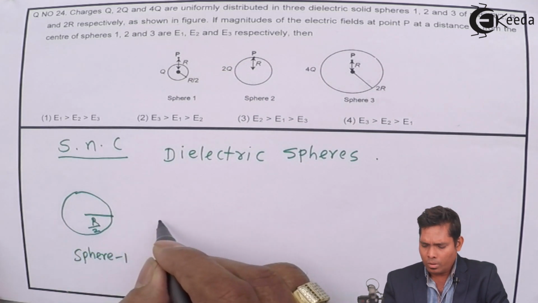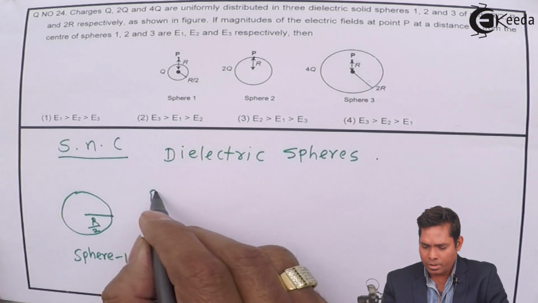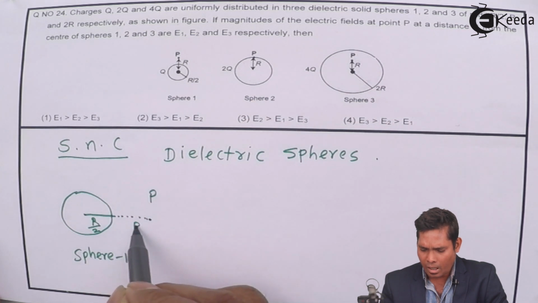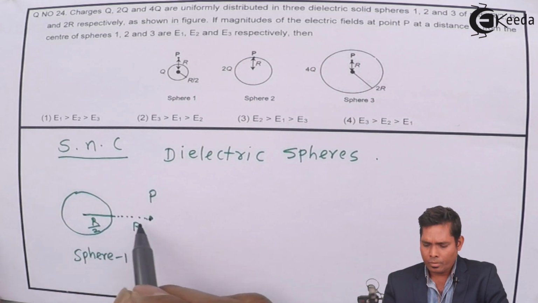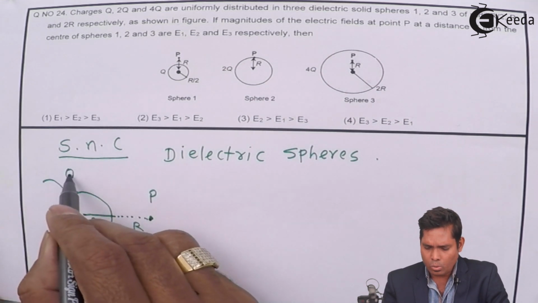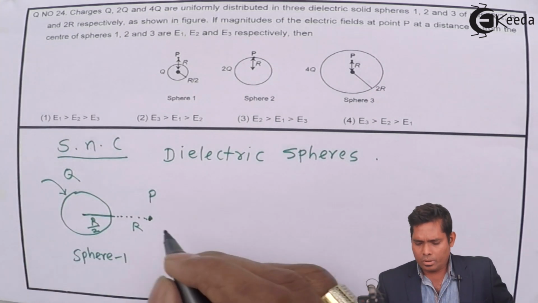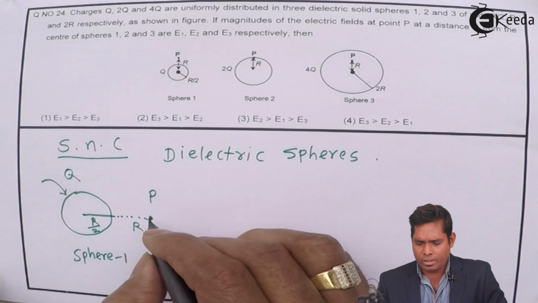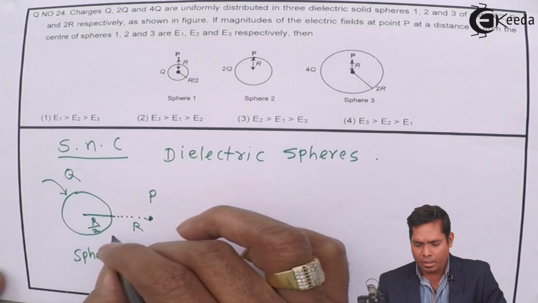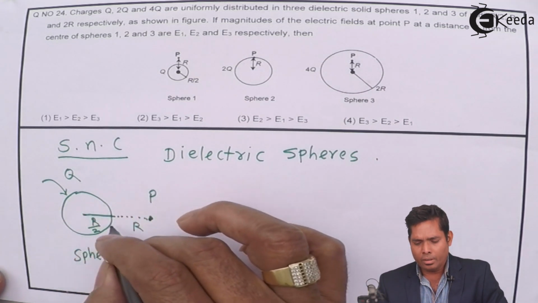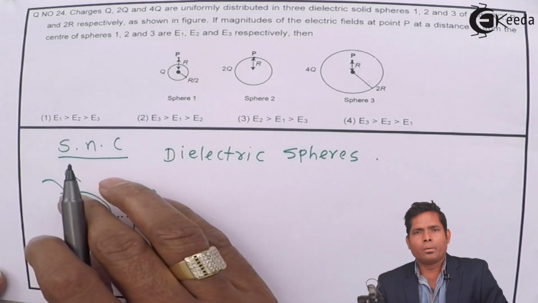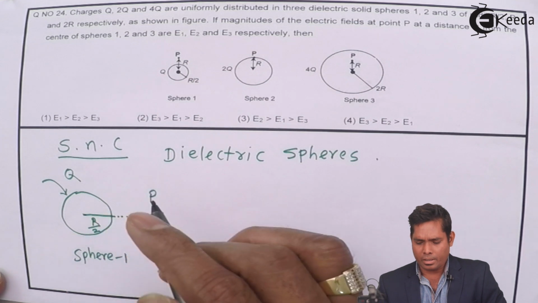The point lies outside, at a distance r from the center, and this sphere is given a charge q. For an outside point, the distribution will behave like a point charge.